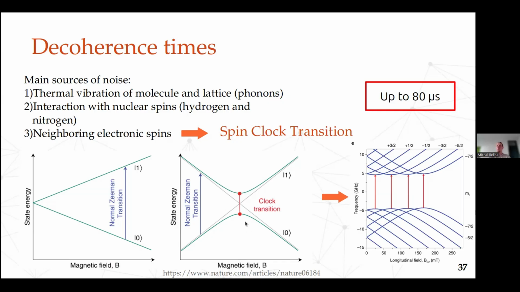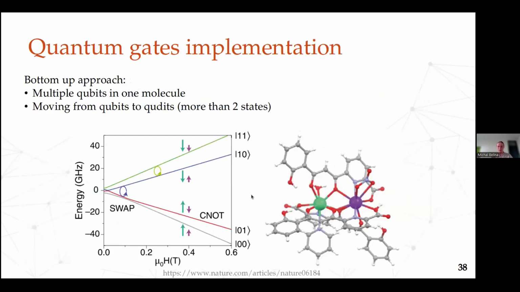And if you want to do some operation with some other qubits, you just unlock them by changing the magnetic field and tuning it to somewhere else. Sorry for the cough. So this is a really nice feature of these single ion magnets.